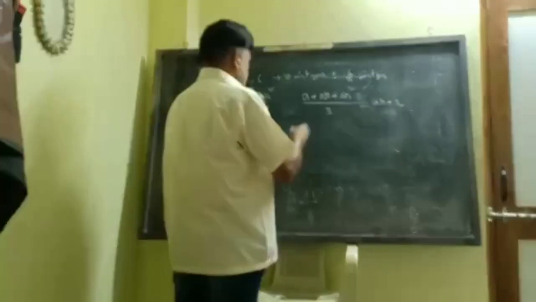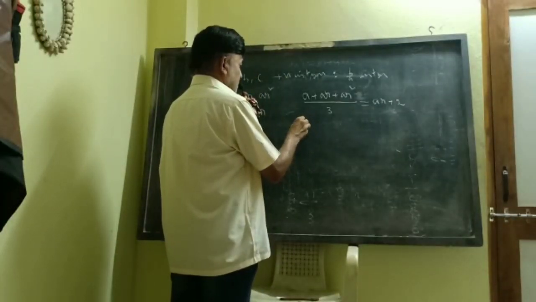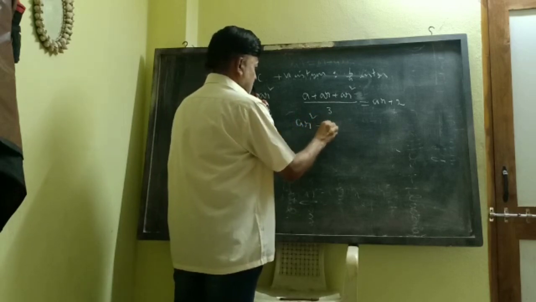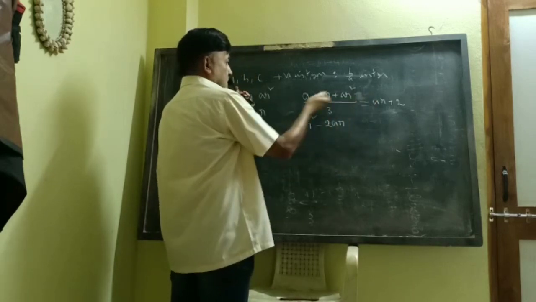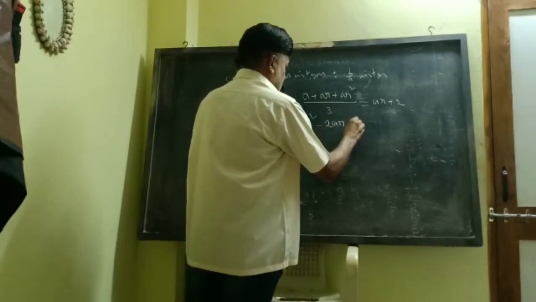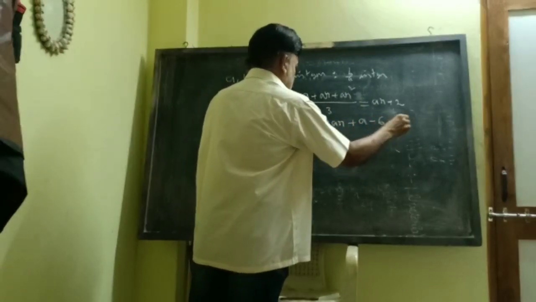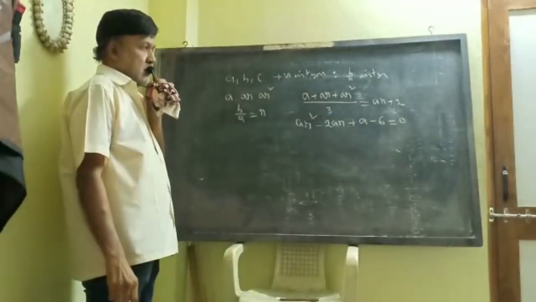So when you simplify this, you are going to get ar square minus 2ar. Bring ar, 3ar to this side: ar square minus 2ar plus a minus 6 is equal to 0. This is what you are going to get.